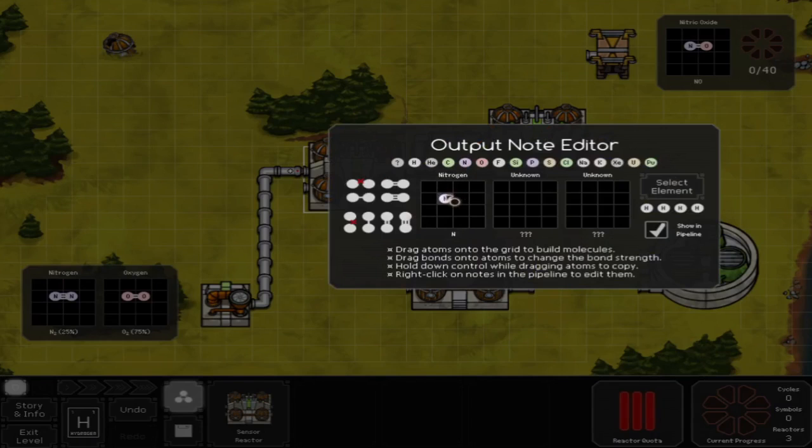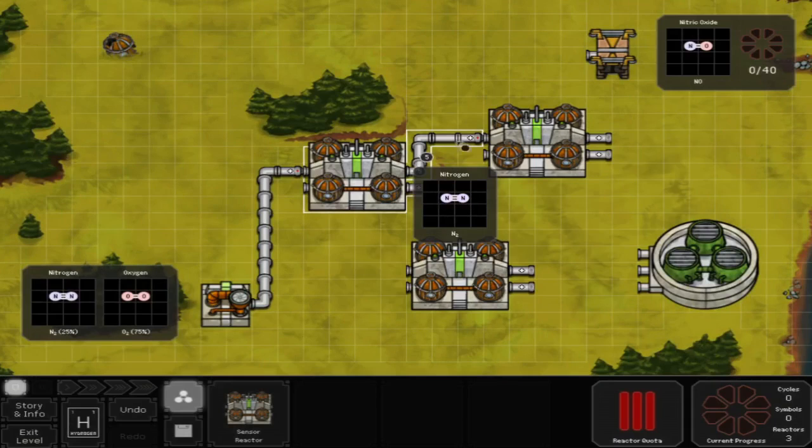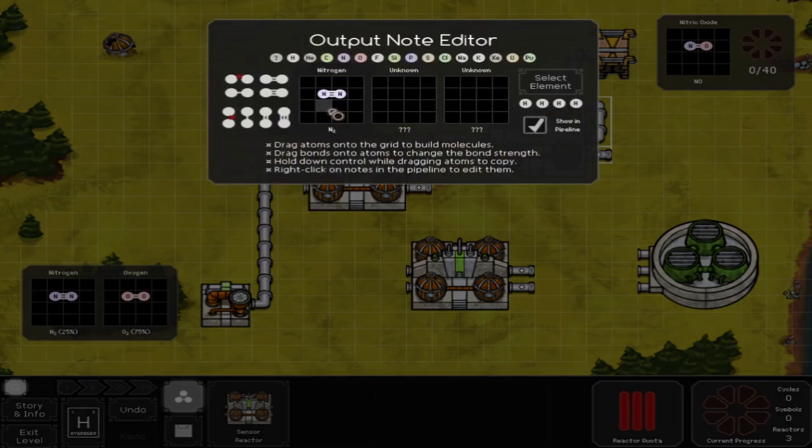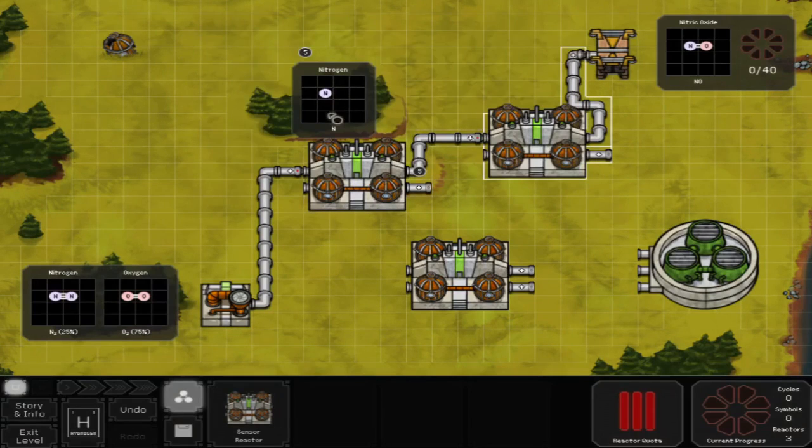The nitrogen gas will come out of this upper pipe and go straight into this reactor. Or actually, was it nitrogen gas or was it nitrogen atoms? I think it might have been actually nitrogen atoms for the solution that I thought up. Regardless, it shouldn't be that difficult to reconfigure the solution to work between the two.